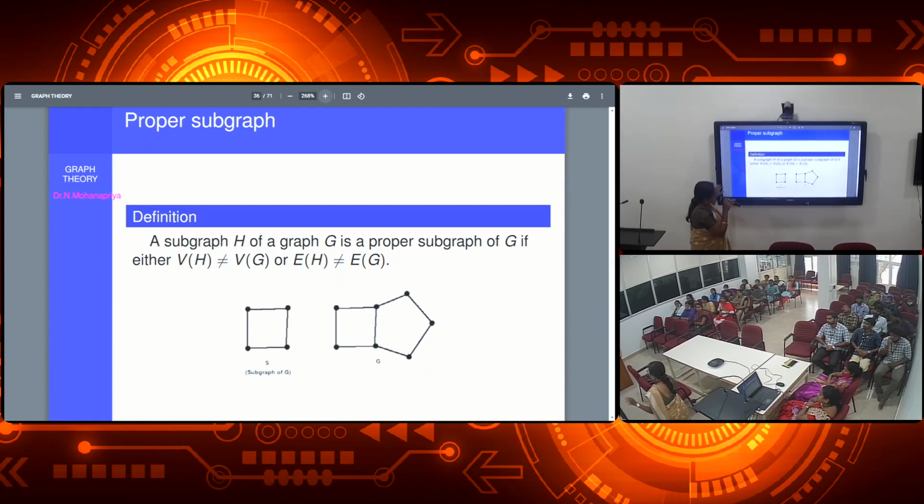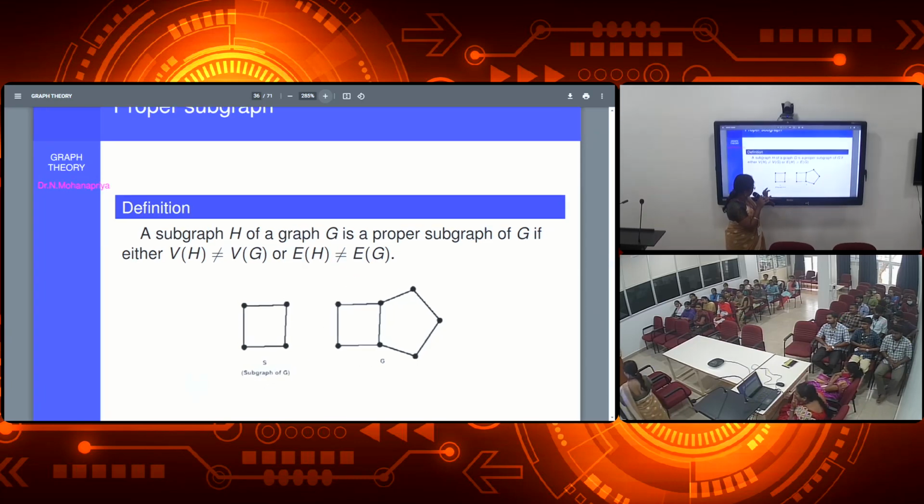Proper subgraph is nothing but the vertex set of the subgraph is not equal to the vertex set of the original graph, and also the edge set of the subgraph is not equal to the edge set of the original graph, right? Here I have considered only 4 vertices, but in the original graph we have how many vertices? 7 vertices, but I have considered only the 4 vertices, right?